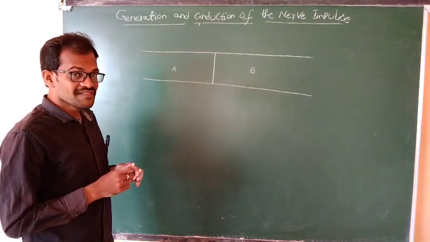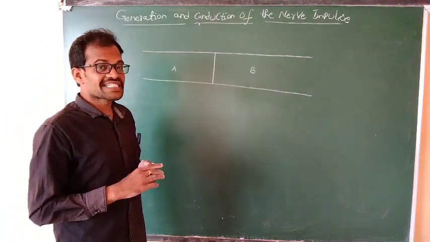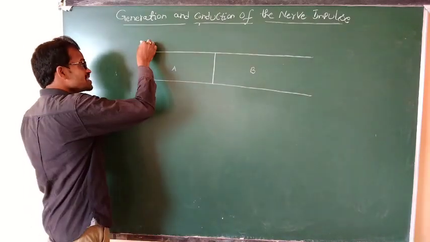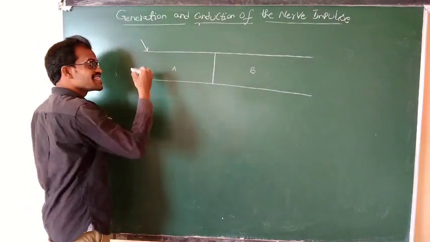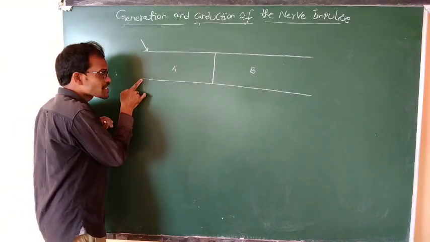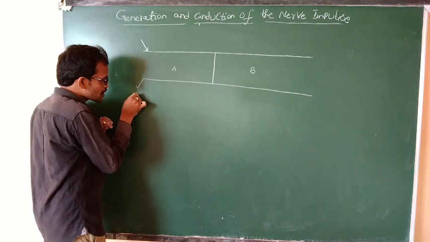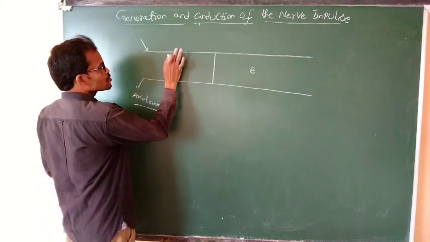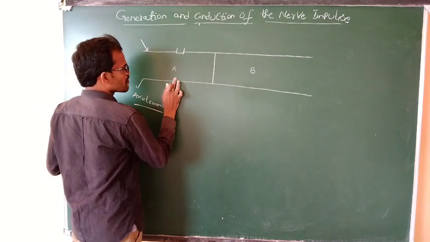What is the first condition? Resting membrane. Resting membrane means outside positive, inside negative. Once this axolemma receives a stimulus, this is the axolemma, which consists of different types of channels.